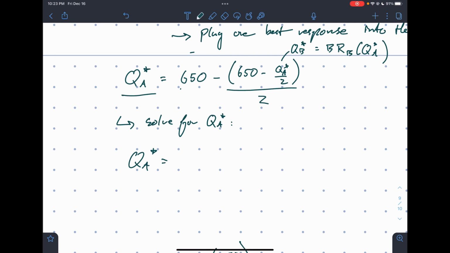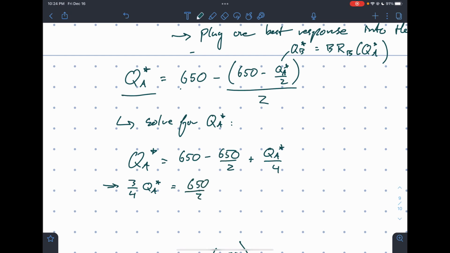Okay, so again, undoing my past mistakes because I'm silly. What I'm going to get is QA is going to be 650 minus 650 over 2 plus QA star over 4. There's a minus negative here, so I add, it's a positive. So this gives me 3/4 QA star is equal to 650 over 2.